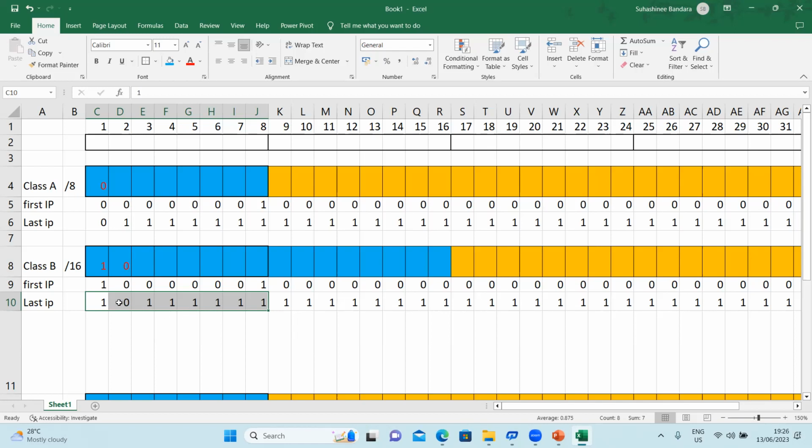Then for what I got the 0, 64. Okay. 255 minus 64. What's the answer? What's the decimal value of this one? 191. Okay. For this entire octet, normally 8 bits are 255. I got 1, 0 here. What's the position? 64. Subtract 64. That means 191.